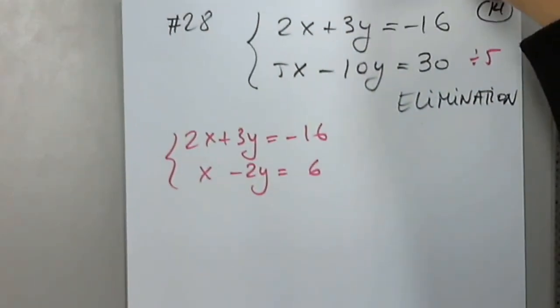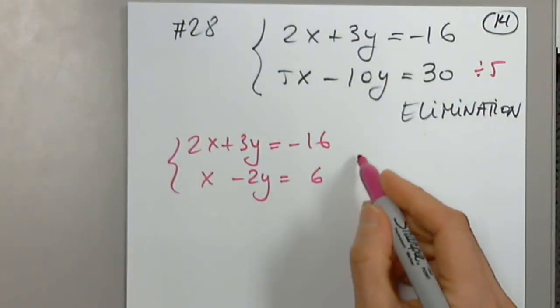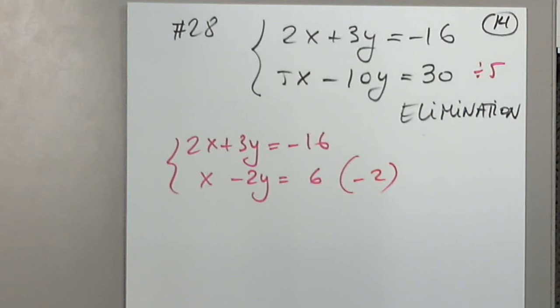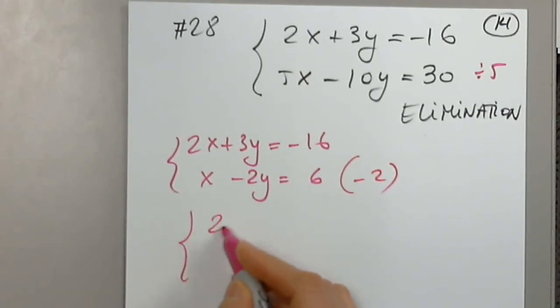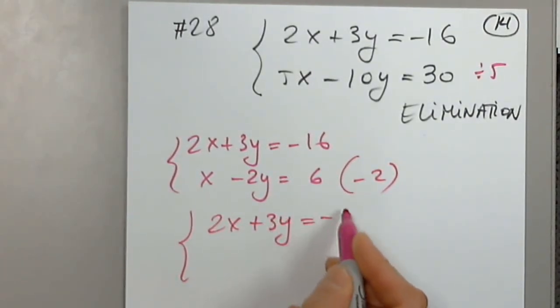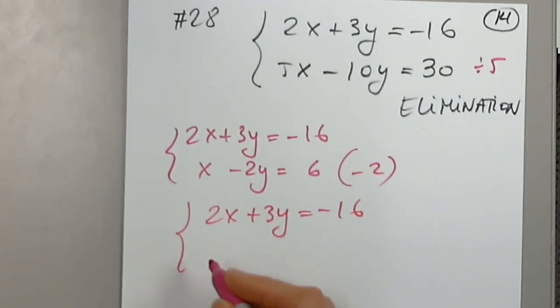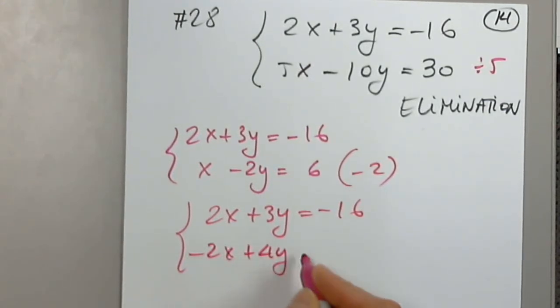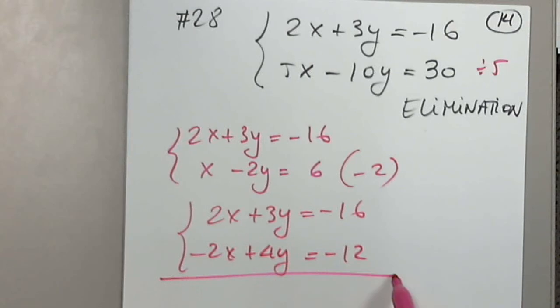So then, in order to eliminate, I'm going to multiply the second one by negative 2. Copy the first equation, 2x plus 3y equals negative 16. And negative 2x plus 4y equals negative 12. And now I'm eliminating or adding. So some books call this method the elimination method because I'm eliminating one of the variables.